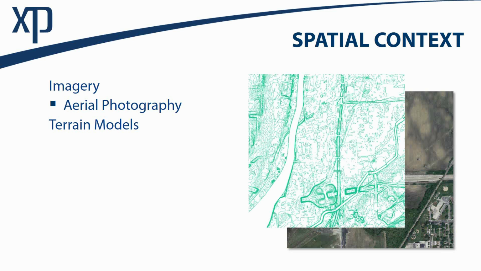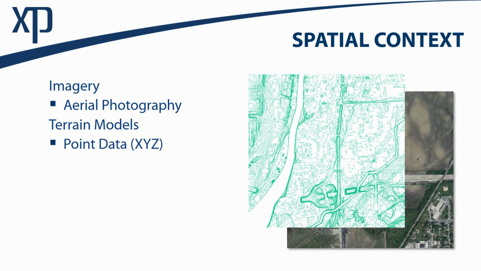So the other one beyond imagery is going to be building a terrain model. XPSTORM and XPSWMM both have the ability to build a digital terrain model based on some information that you can provide.